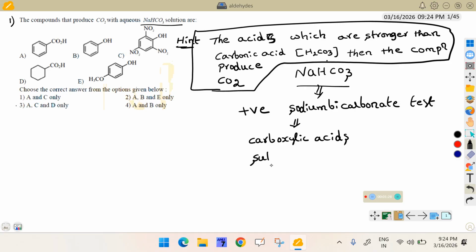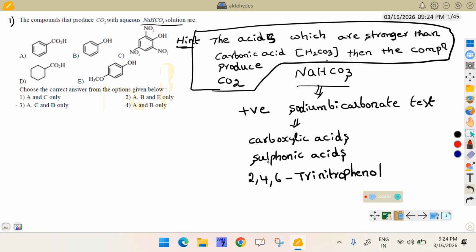Sulfonic acids also give a positive test. Even 2,4,6-trinitrophenol also gives a positive sodium bicarbonate test.